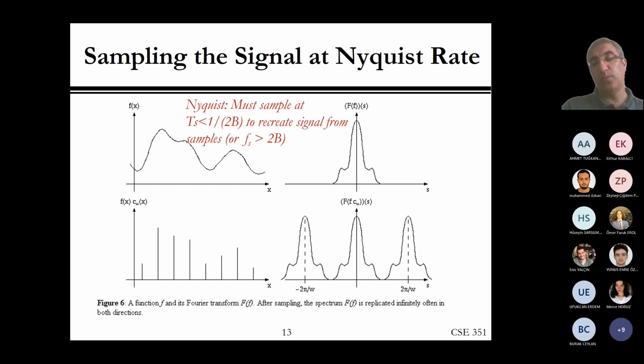In this case, it is 2 pi over W. Because if I follow the Nyquist rate in this case, as you see, the side lobes didn't overlap each other. So that's why I can reconstruct easily at the receiver side.